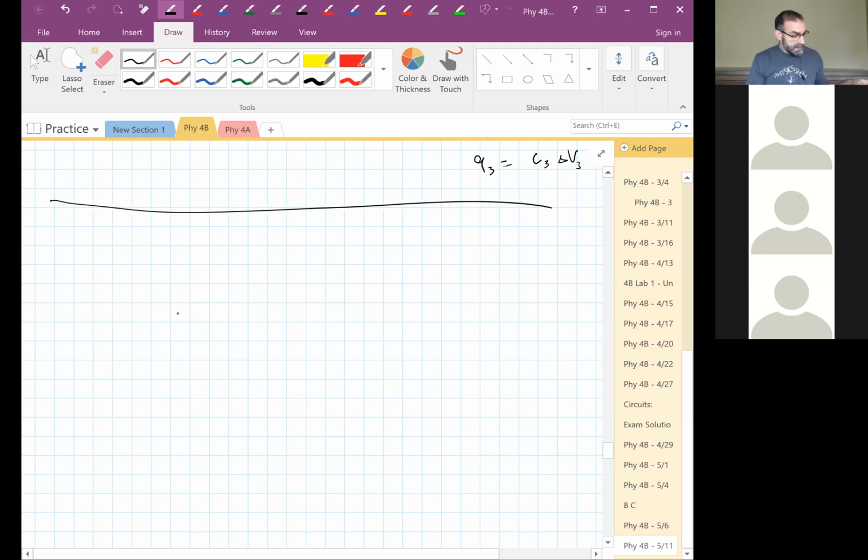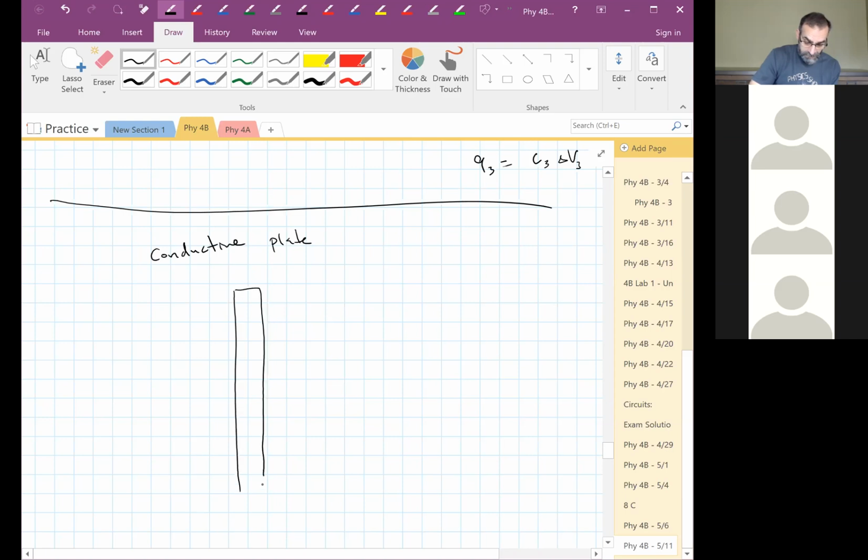If we have a conductive plate or sheet of charge.